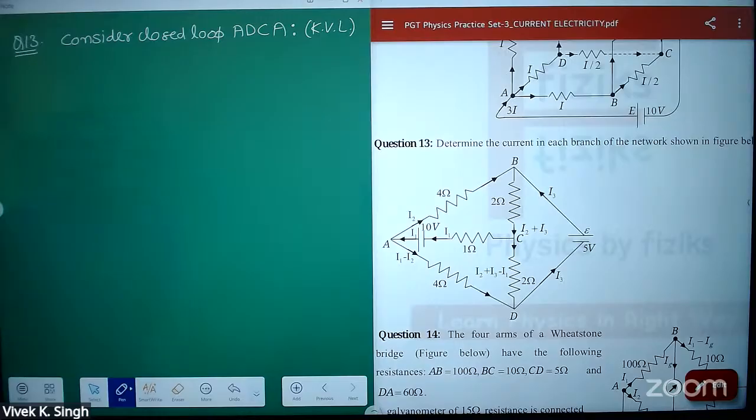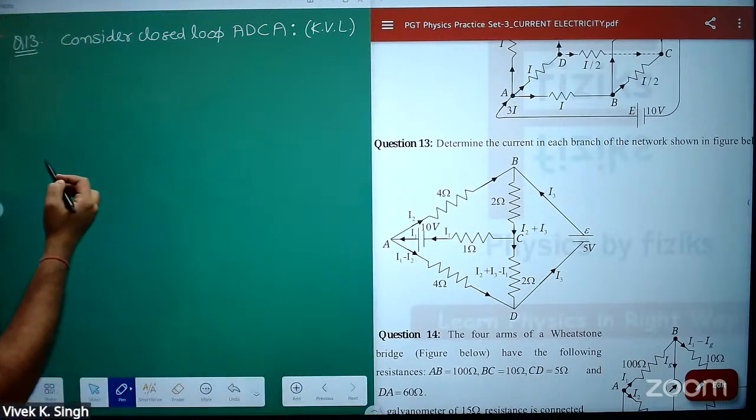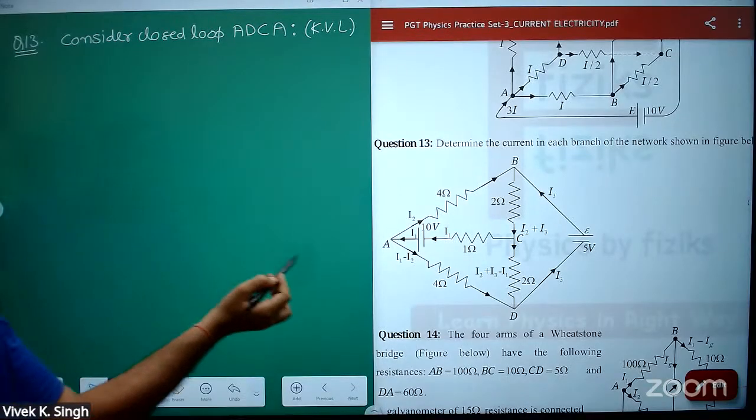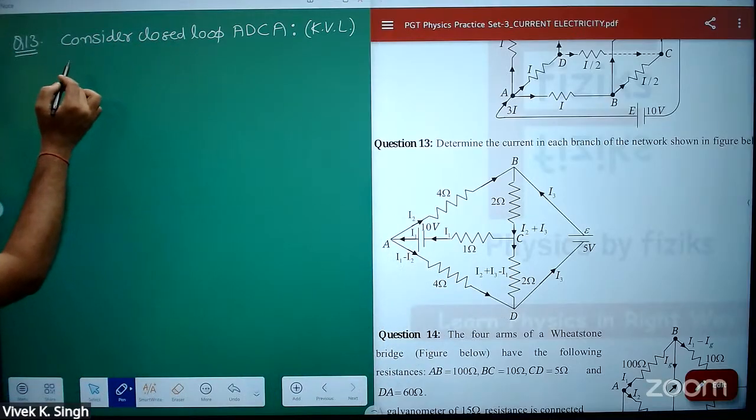If you write this, there is a 10-volt battery here. So I'm taking ADCA, so this is minus 10 volt.